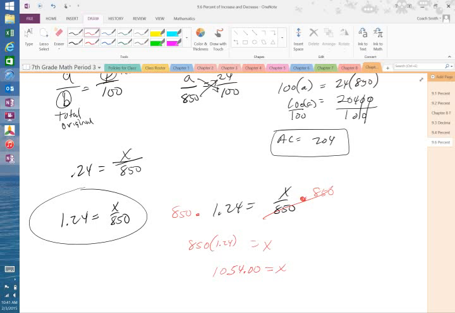Instead of having to take, 10% of 850 is $85. I got to take $85 and subtract it from 850, and that's the amount I'm giving. No, just take 10% off the 100%, it's 90%. Multiply it by 850, take 0.9, multiply it by 850, and that's how much you're going to give.